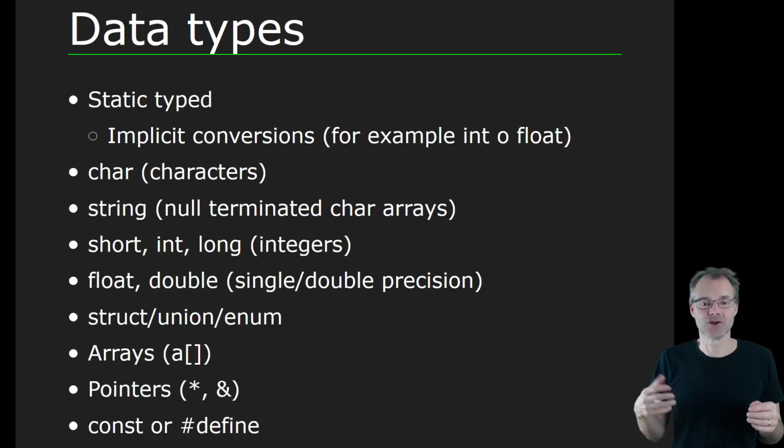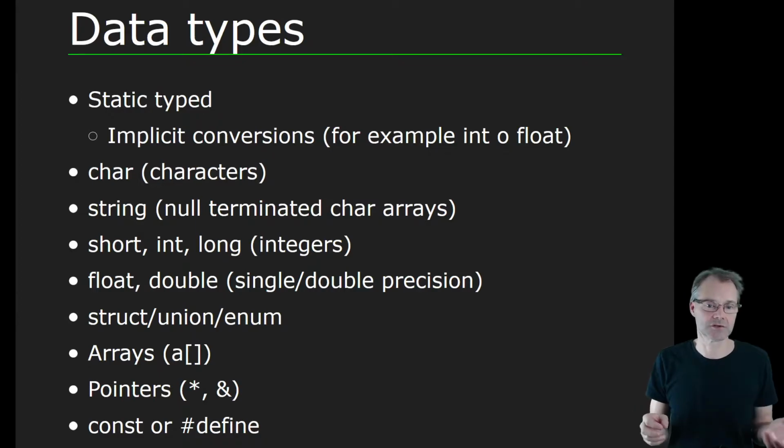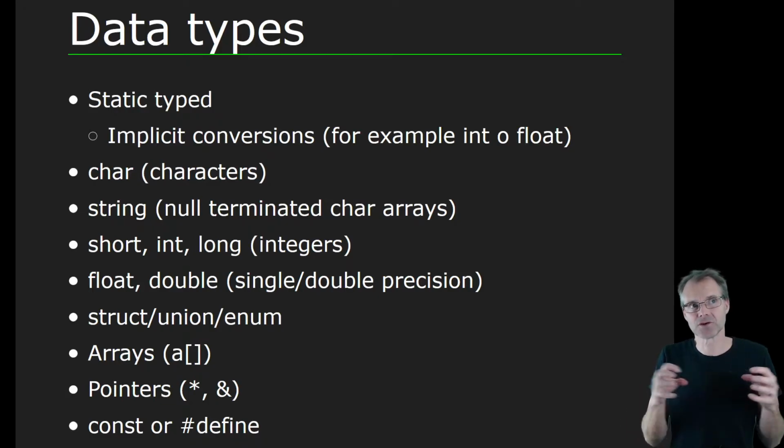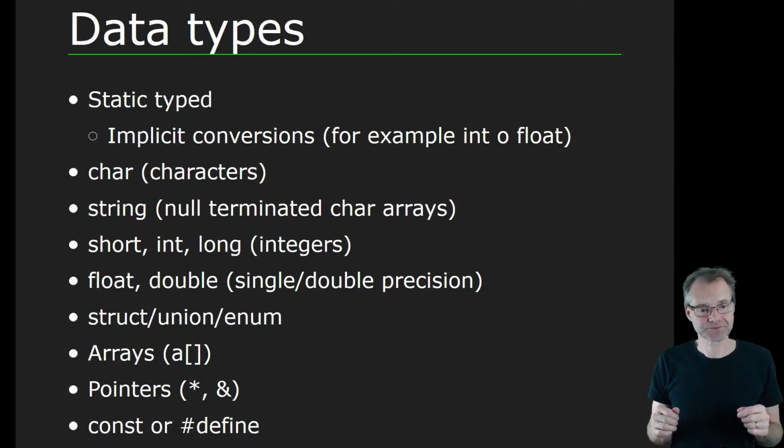That is the null terminator. We have integers, and different types of integers depending on how large the number should be. We have short, int, which is the standard way, long, and different variations of these. How large should my integer be? You should select a matching data type for it.